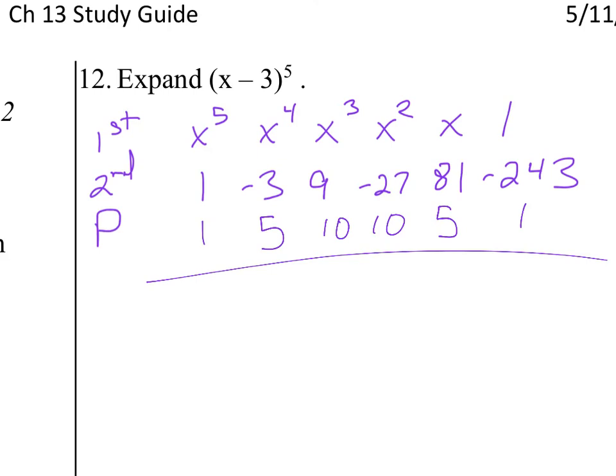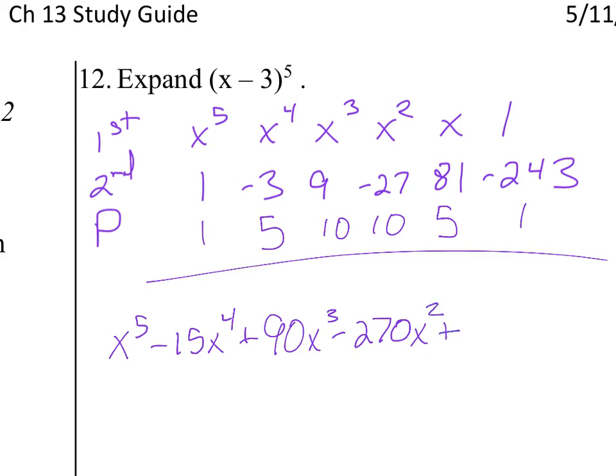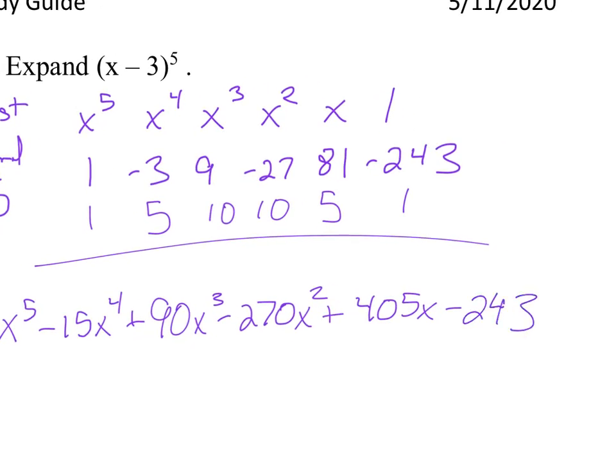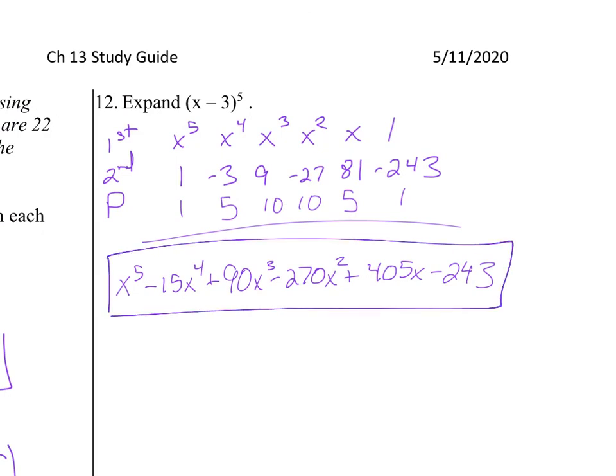All right, now I multiply down the columns. 1 times 1 times x to the 5th, so I start with x to the 5th. 5 times 3 is 15, and it's a negative x to the 4th. 10 times 9 is 90, x cubed, minus 270x squared, plus 81 times 5, which is 405x, and minus 243. So that would be my expansion.